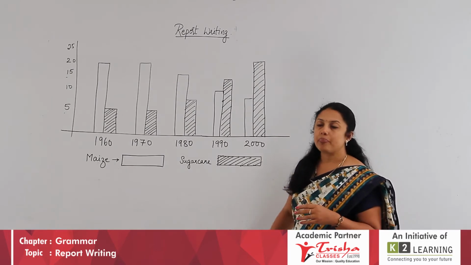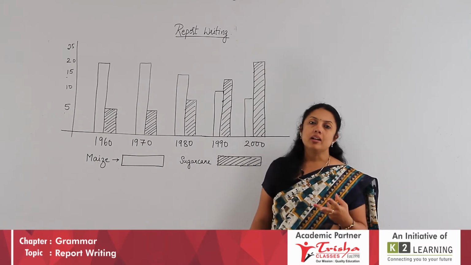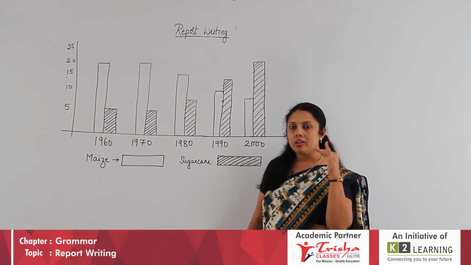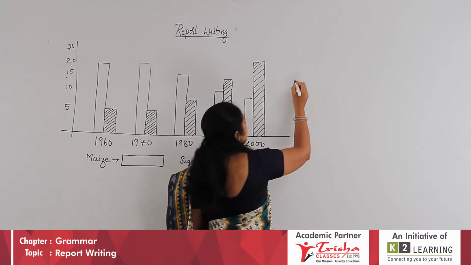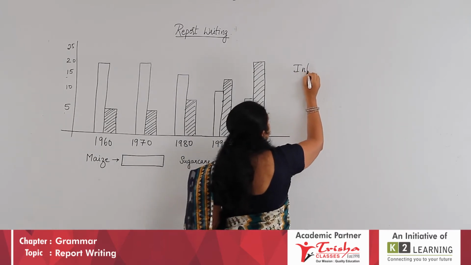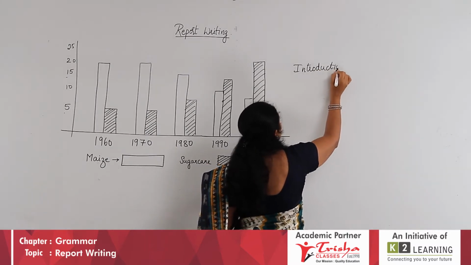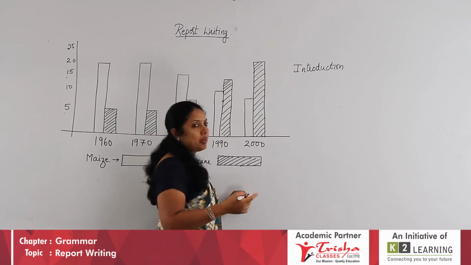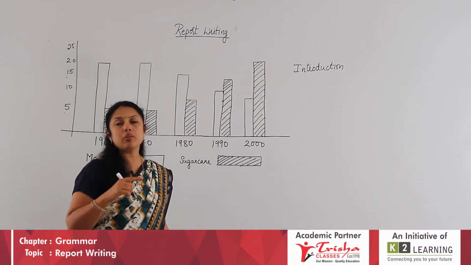When we start writing the report, we'll have to write it in 3 different steps. The first one is the introduction. The first aim of the report is to talk about what is given in the question.